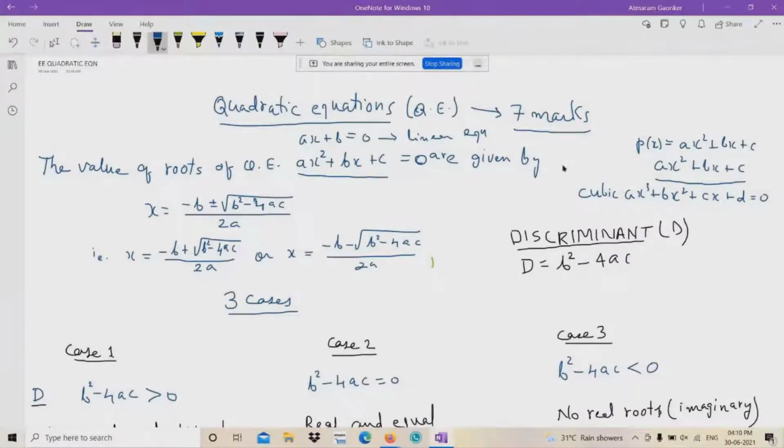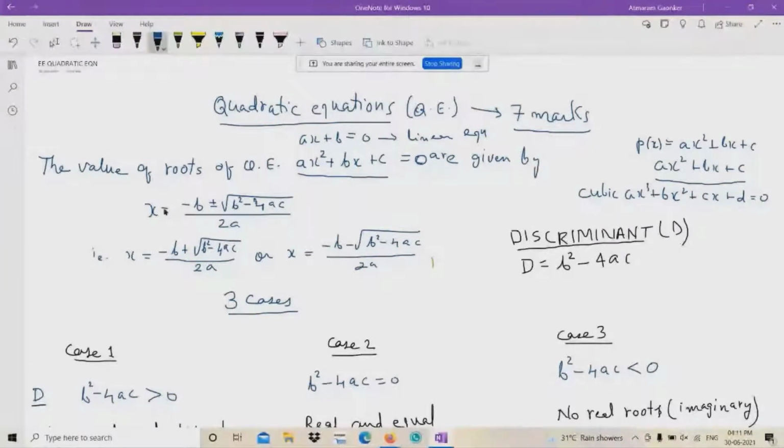In the questions, you may be asked to identify which type of equation it is, whether it is linear, quadratic or cubic, or you will be given many types of equations and asked to select the quadratic equation. So you have to perfectly remember that a quadratic equation is one whose variable has the highest power as 2.